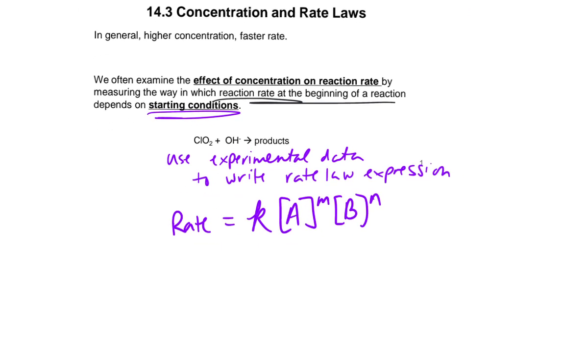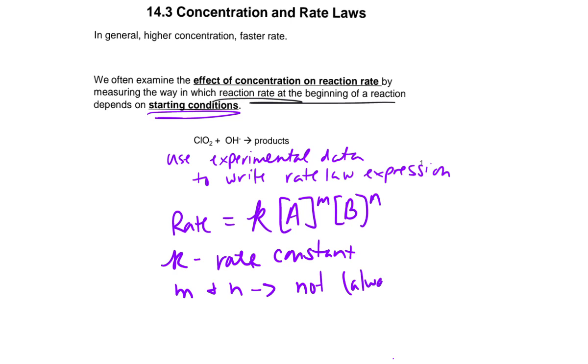Okay, so let me write a couple things here. K is the rate constant. M and N, it's important to note these are not always, because sometimes they are, stoichiometric coefficients. So what we're going to do is use starting conditions of a reaction to determine what M and N are.